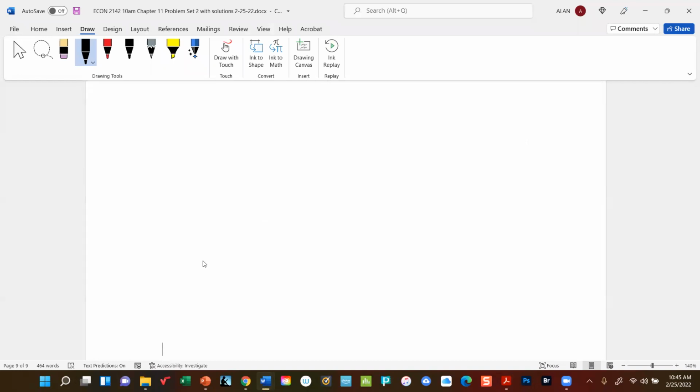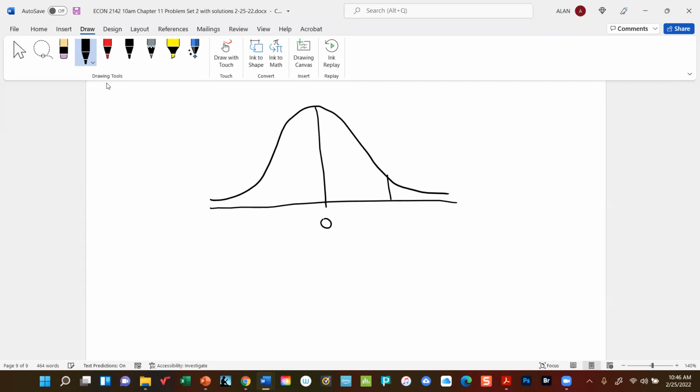Let's draw that again real fast. Oh boy. And so we ended up with negative 0.646. So it's not even close.